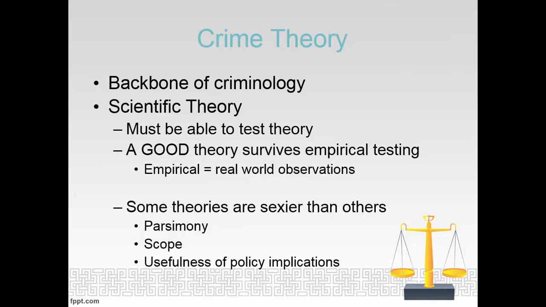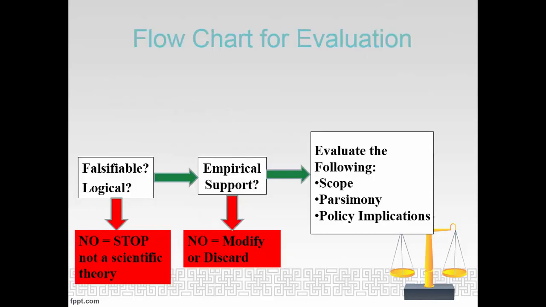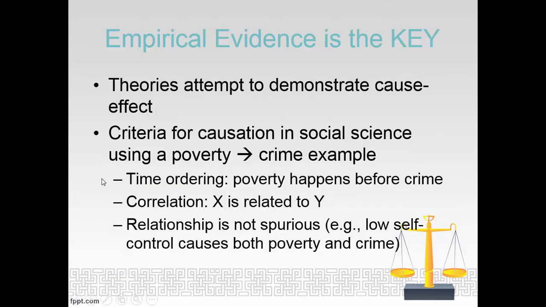Other folks would say, I don't care. If I'm right, I'm right. It doesn't matter how useful you think the policy implication is. That's where the controversy comes from. So if you put all that together, you start with the idea that to be a theory, it has to be falsifiable. It has to be able to be tested.